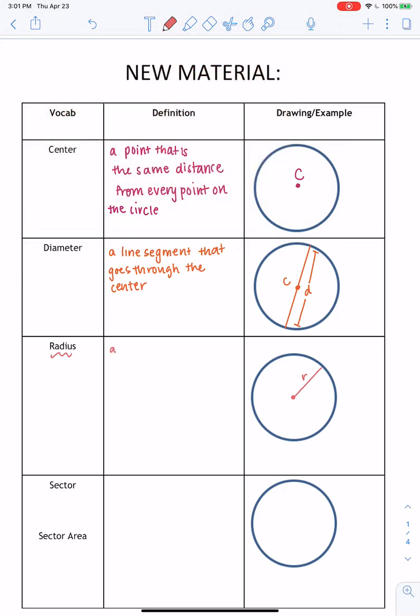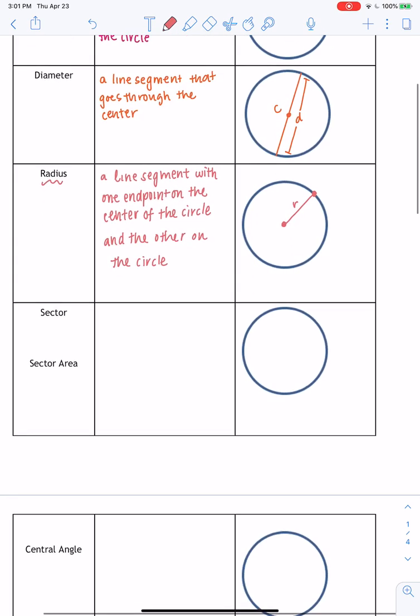A radius is a line segment with one endpoint on the center of the circle and the other endpoint on the circle. So we have the one endpoint here and the other endpoint here. This is a radius.